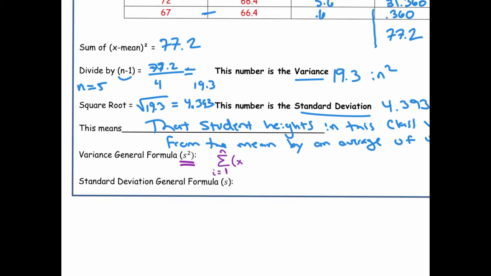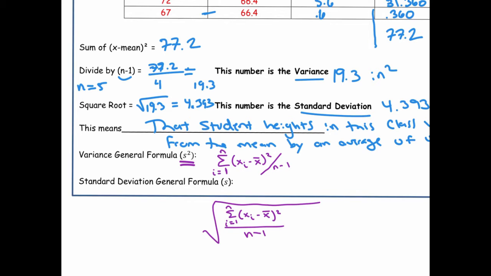We summed the differences between the individual data values and the mean. We squared them, and then we divided that answer by n minus 1. And then the standard deviation would just be the square root of that expression. So that is the standard deviation.